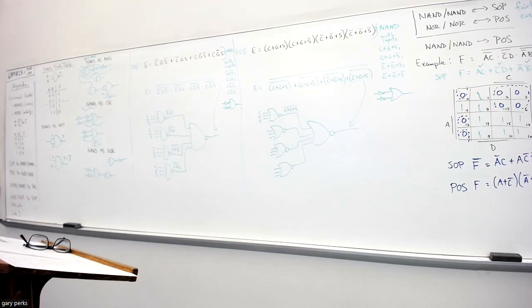Okay, so now we're going to circle the ones and we're going to get SOP for F, which is what we want, right? We're going from NOR to SOP. Okay, so now we've got to group the ones. How are you going to group the ones?